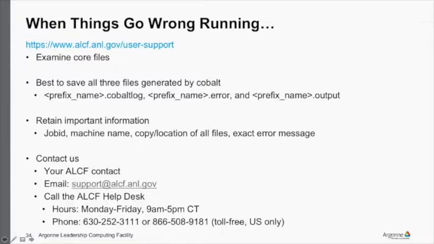If you're not sure what happened, a good first place to turn is the Cobalt log file. A number of times, the job runs out of time, and at the end of the Cobalt log file you'll see a message that the maximum wall time was exceeded. That's a quick way to figure out some of the more straightforward issues.